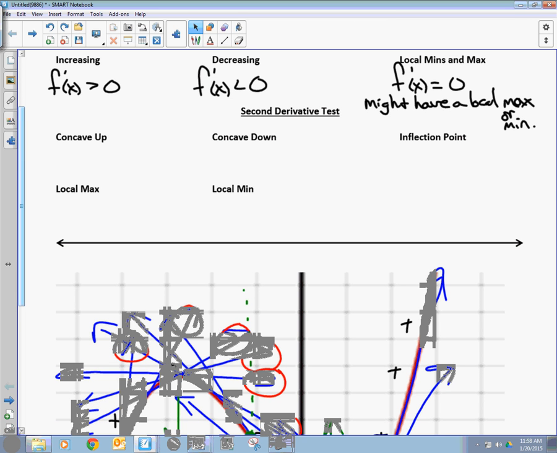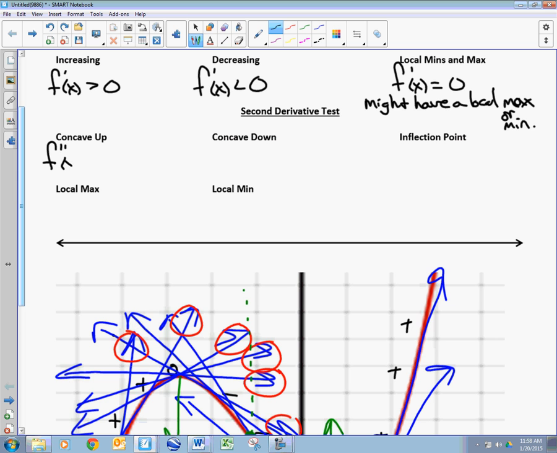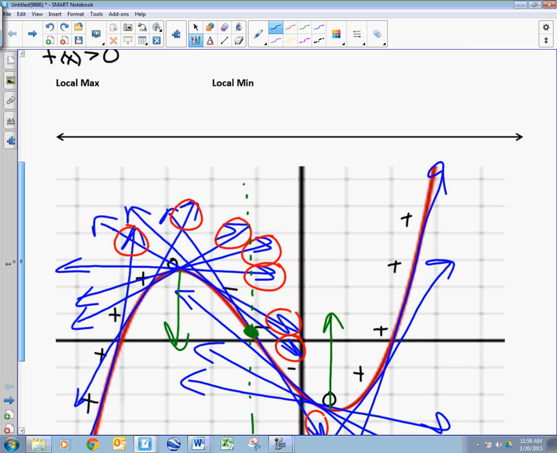Concave up is where f double prime of x is positive. So you can see from my graph, this second part here, the tangent lines were starting to tilt up. So that's where it's concave up. It would hold water.